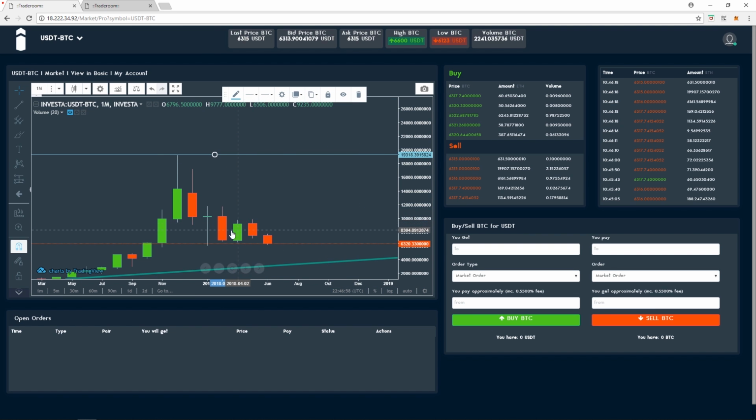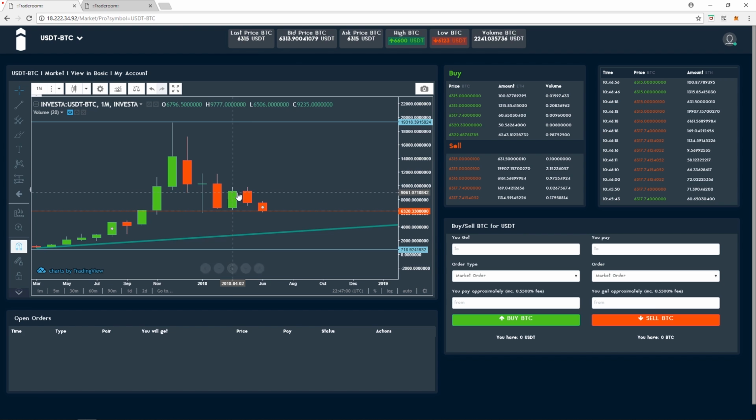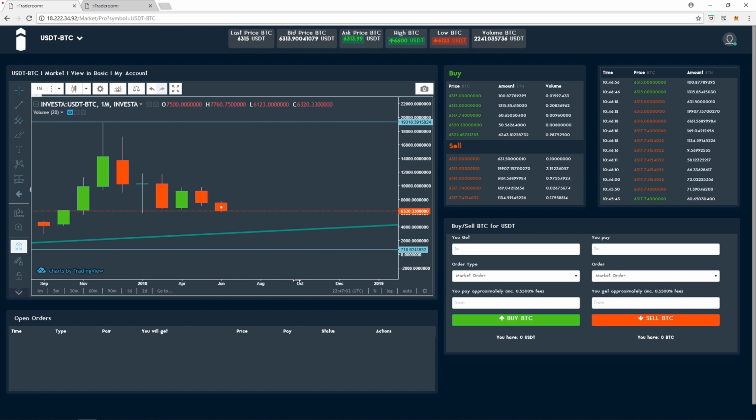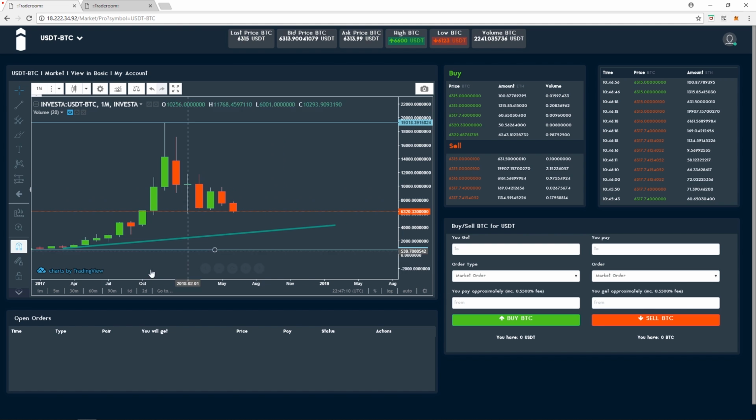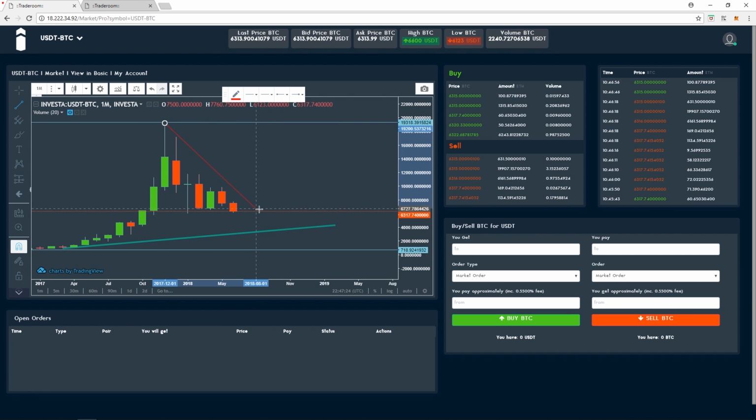So this will give you very quickly, historically speaking, which are the price points where it goes to and it's coming from. And we have the trend line, the outer trend line, which is going on the upside, and we're going to draw the counter trend line, which is what the market is currently doing.